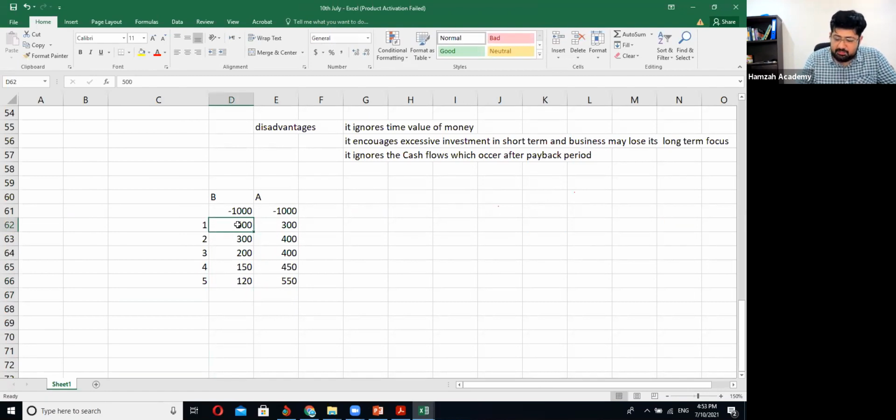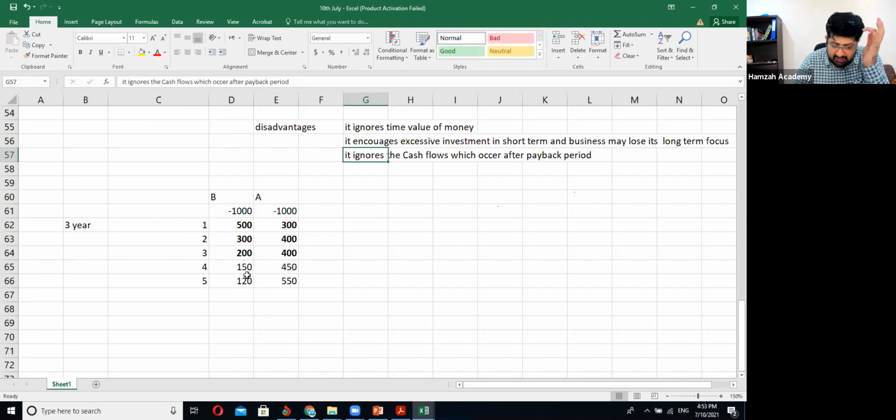If we calculate payback, both projects have 3 years. Based on payback, we cannot differentiate which one to select. It ignores the cash flows which occur after the payback period.